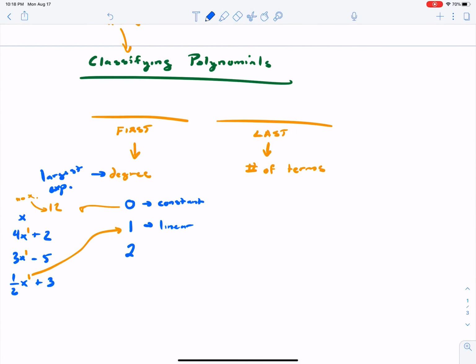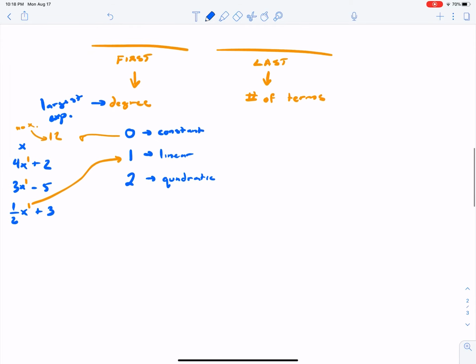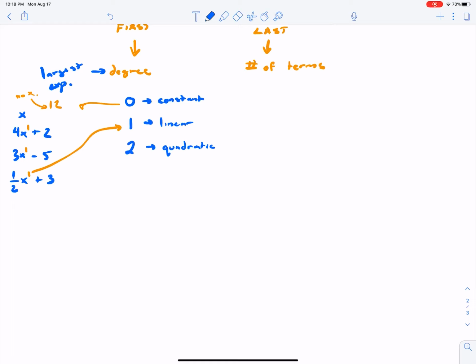So if it's 2, that means the largest exponent is 2, so you would call that a quadratic, okay? Quadratic is similar to the word square because a quadrilateral has 4 sides. It's a square. So if you have something like x squared minus 4, x squared plus 2x plus 3, 5x squared minus 4x minus 1 half.